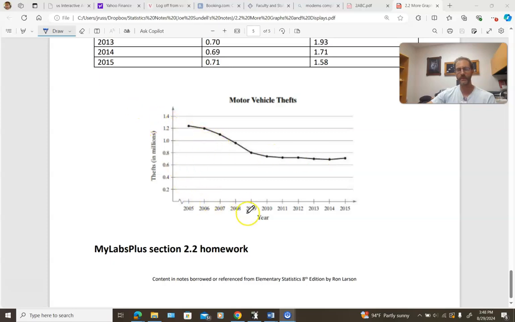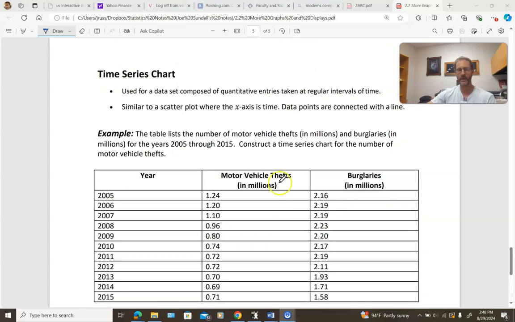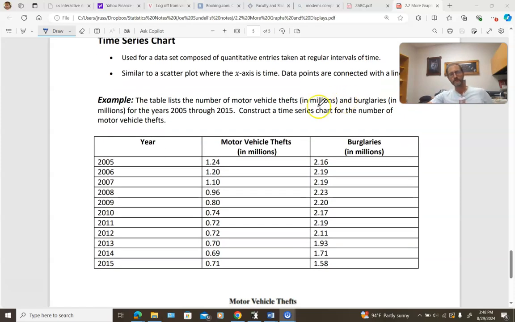You still have 2 axes and 2 variables of interest, but the horizontal axis is always going to represent time for a time series chart. So it's quantitative data taken at regular intervals of time. Similar to a scatter plot, the x-axis is time, and the data points are connected with a line.